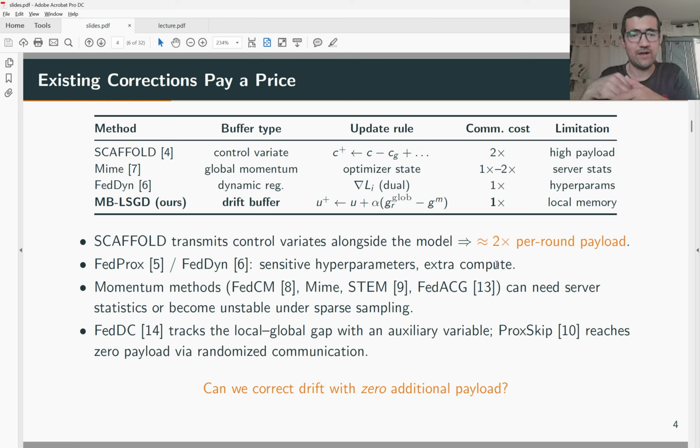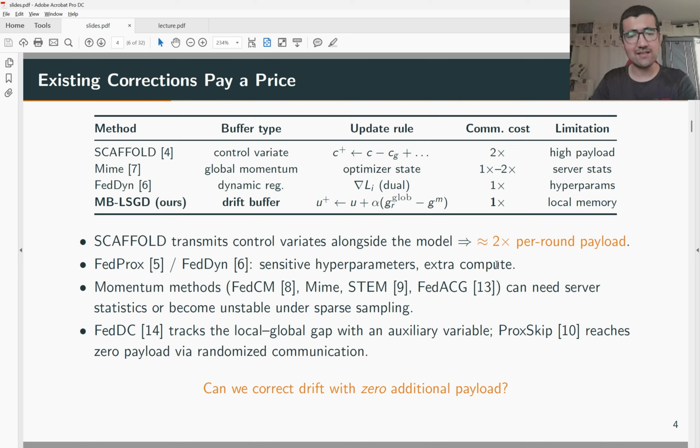Momentum-based methods like FedCM and others can need server-side statistics, and as we will see later, some of them become unstable when only a few clients participate each round. FedDC tracks the local-global gap with an auxiliary variable, and ProgSkip gets to zero extra payload through randomized communication.